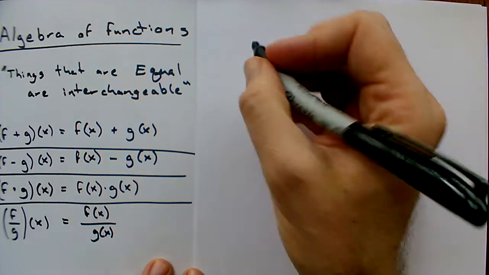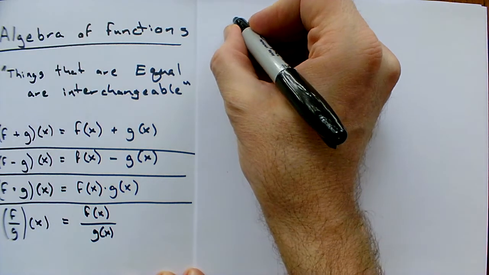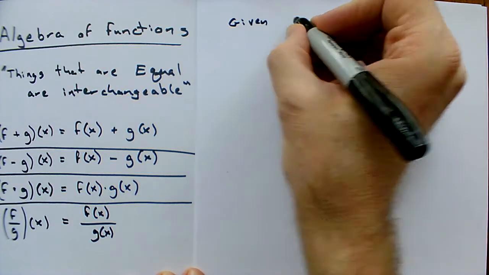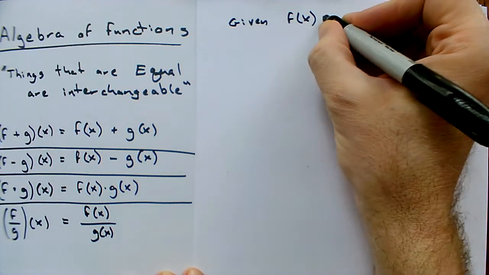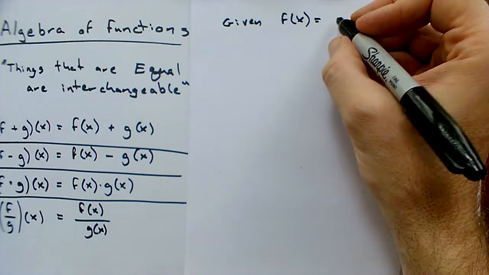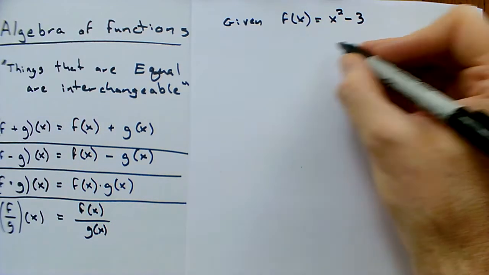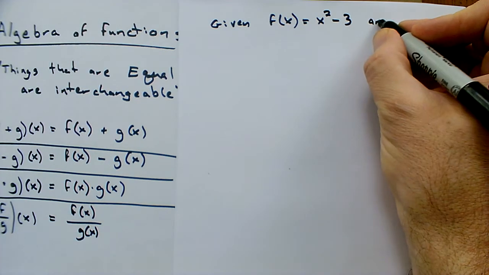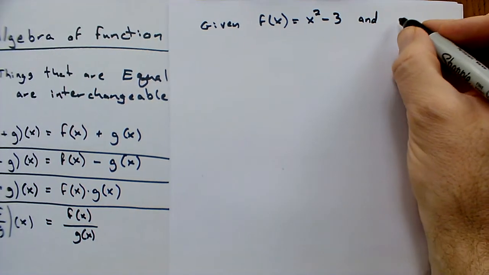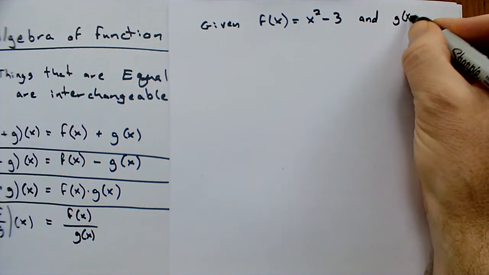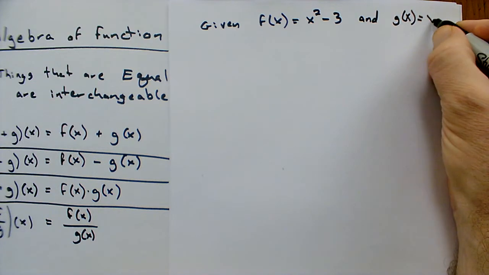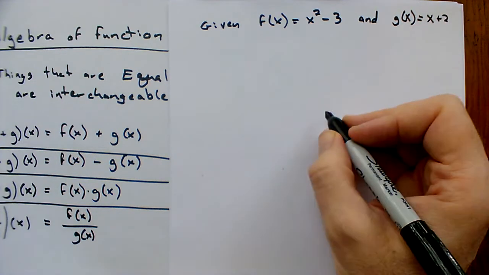Let's say we're given that f of x is equal to x squared minus 3. And I'm also going to give us that g of x is equal to x plus 2.